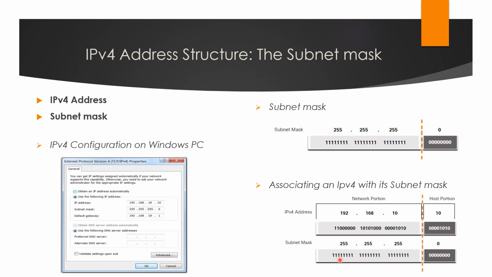As you can see here, the 3 octets of the subnet mask that contain all 1 bits show the network portion, and where the subnet mask has 0, it shows the host portion. So if we compare the 3 octets of the IPv4 address with the subnet mask, it shows that the first 3 octets are the network portion and the last octet is the host portion. The actual process used to identify the network portion and host portion is called ANDing.